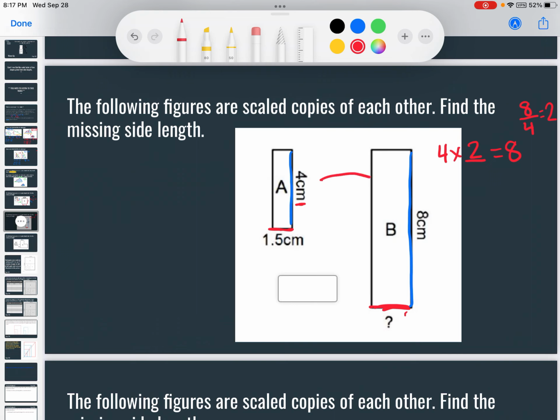Okay, our scale factor is 2. To get from here to here, I multiplied by 2. So then to get from here to here, I'm going to have to multiply by 2. So 1.5 times 2 equals 3. My scale factor was 2, and I used my scale factor here to find my missing side length.